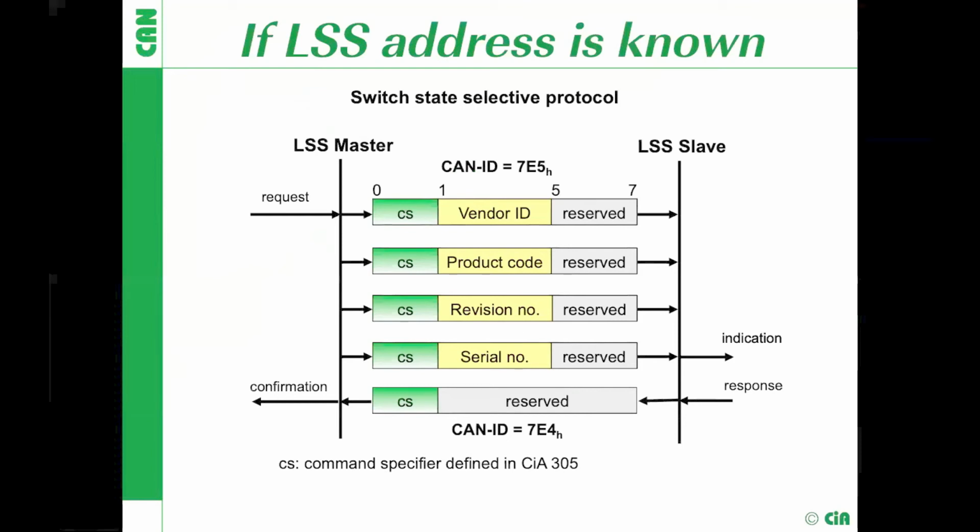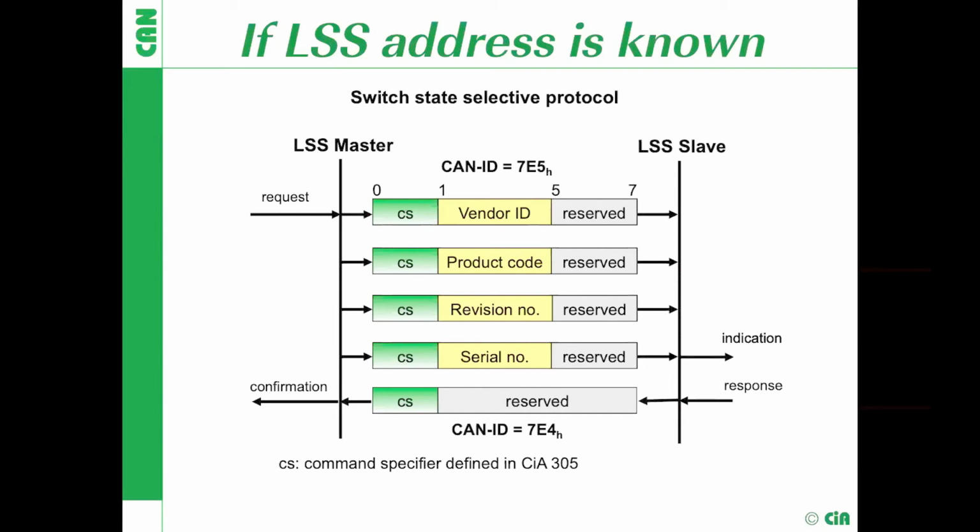Firstly, if the LSS address is known: if there are several LSS slaves operated in the same CANopen network, the LSS master knows the LSS addresses of the slaves.